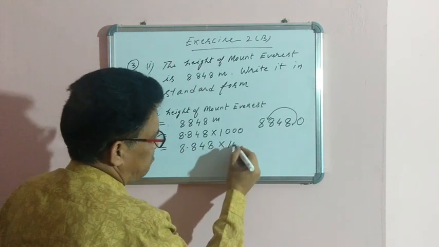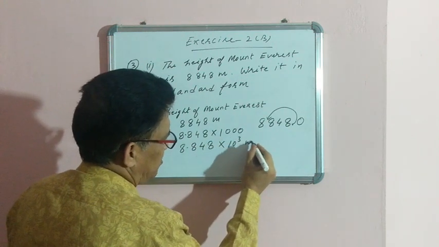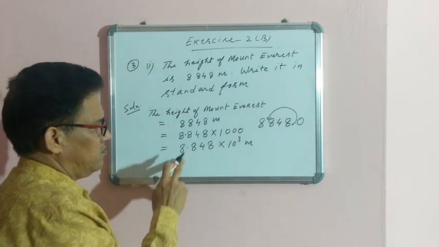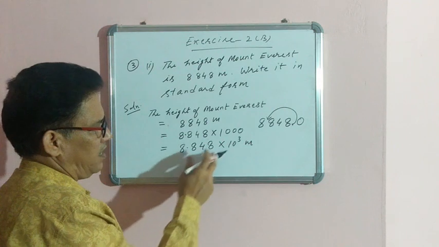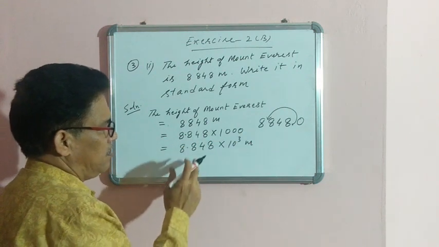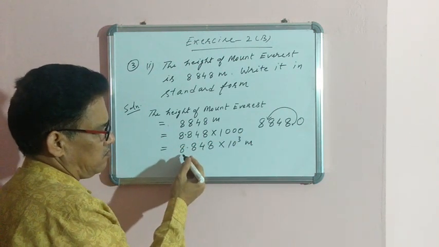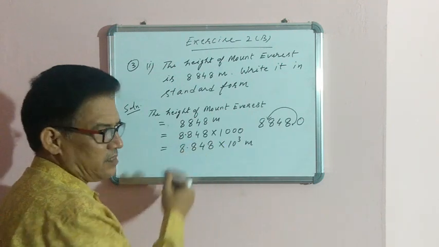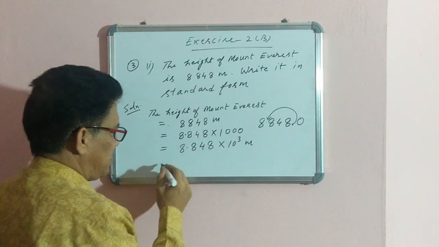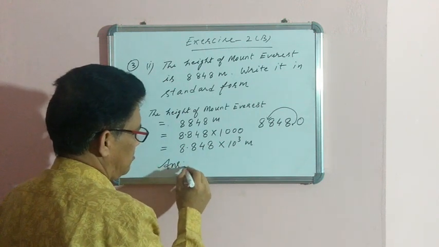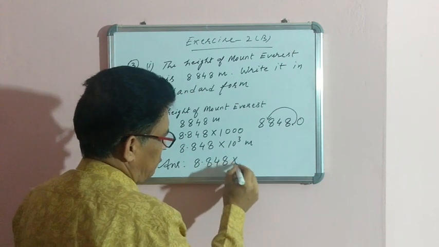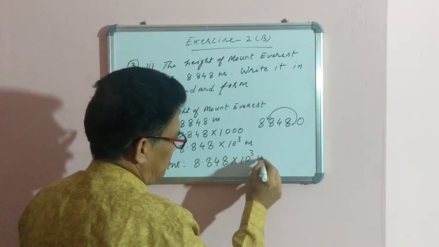So 10 power 3 meter. So this is in standard form. This is m into 10 power n, where m is greater than or equal to 1 and less than 10. So our answer is 8.848 into 10 power 3 meter.